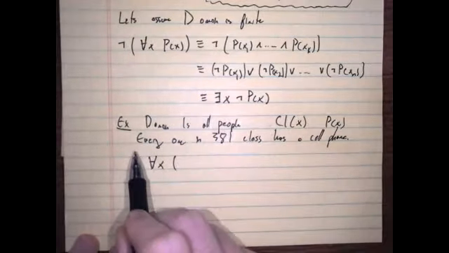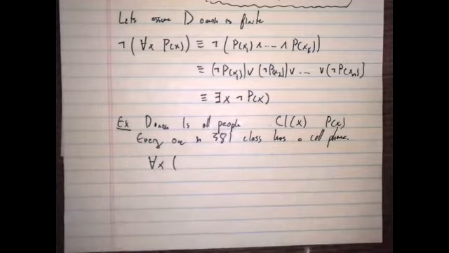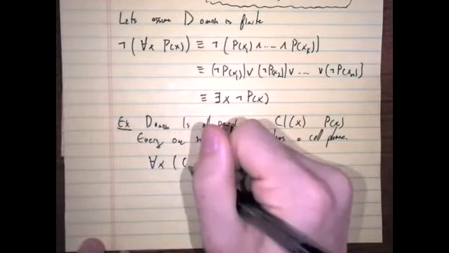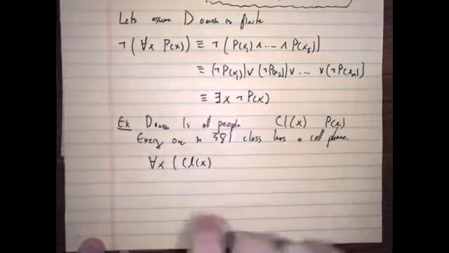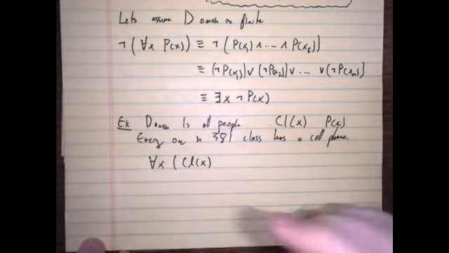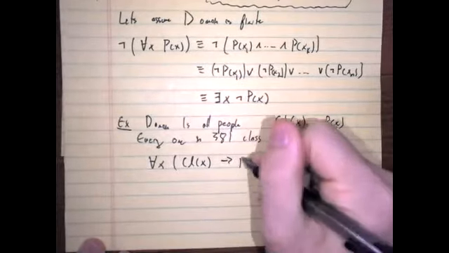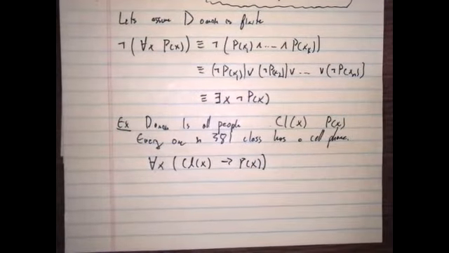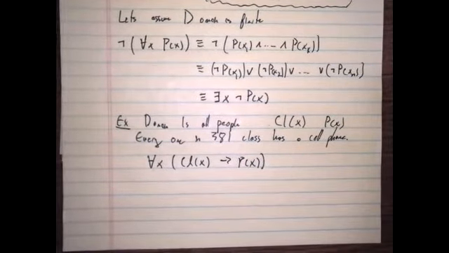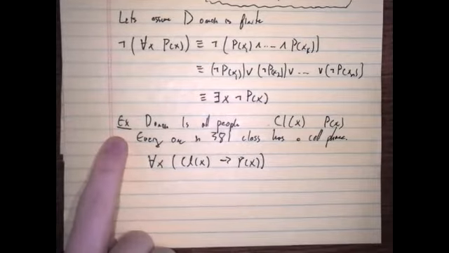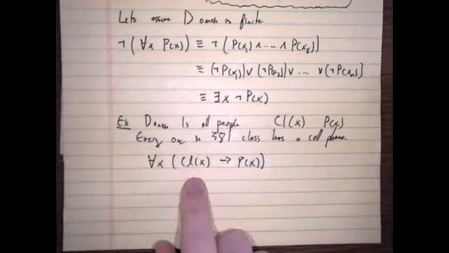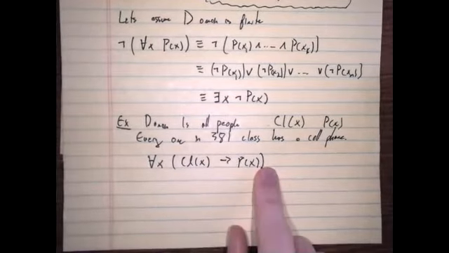I would translate this proposition, everyone in the 381 class has a cell phone, as for all people, if the person is in my class, C of x implies P of x. Right. For all people, if they're a 381 student, they own a cell phone, is a way of saying everyone in the 381 class has a cell phone. So for all x, if they're in my class, then they have a cell phone.